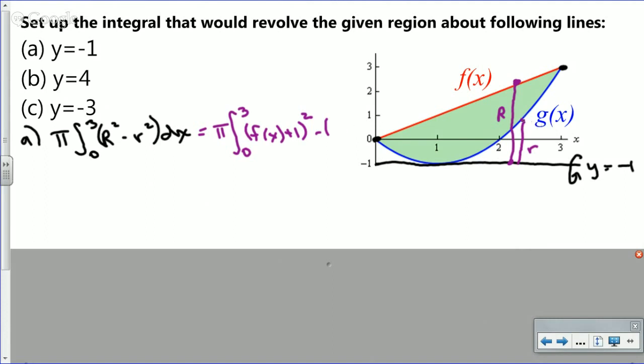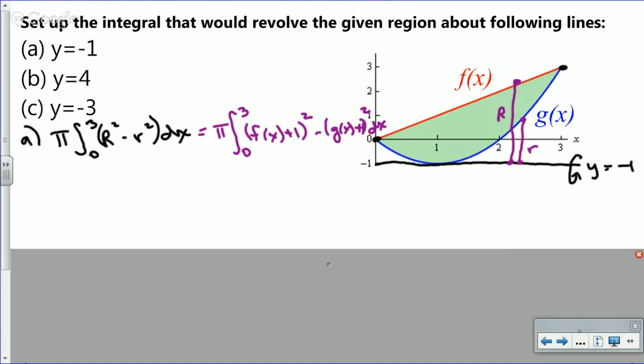So again, do top minus bottom. So little r is going to be g of x minus -1. So that will be g of x plus 1 squared dx. Be sure that you're squaring both big R and little r. Don't try to square the whole thing in parentheses, okay? Don't be stingy with your squares.